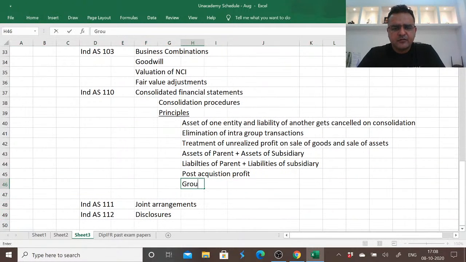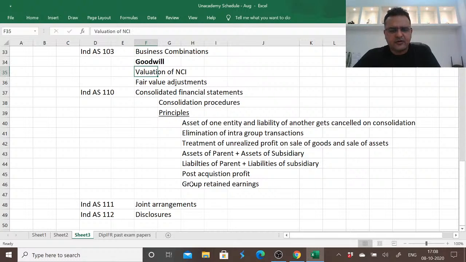So we need to know the valuation of group retained earnings after consolidation, that is the earnings of the parent with the post acquisition earnings of the subsidiary. We get to know the group retained earnings. So the major adjustments are goodwill, valuation of NCI, group retained earnings.